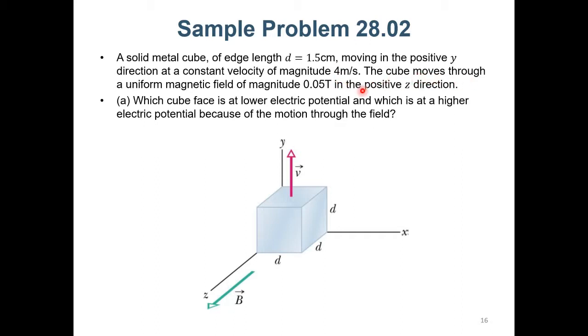The cube moves through a uniform magnetic field of magnitude 0.05 Tesla, in the positive z direction. Which face is at the lower electric potential and which is at higher potential because of the motion through the field? So we have a cube, moving up, and then there is a B field pointing in the z direction.